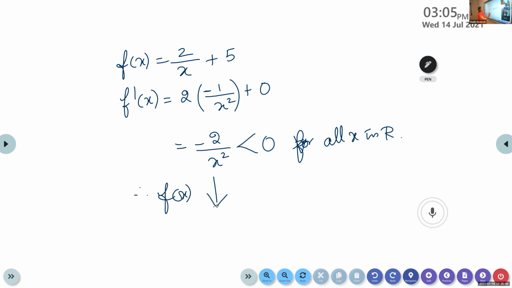Accordingly, you conclude: f of x is strictly decreasing on R.